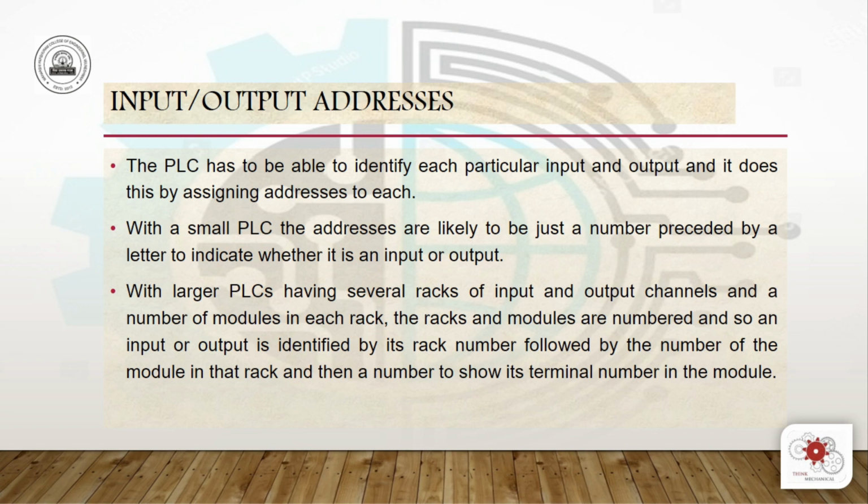After that there will be a number which will show the number of the rack, that is first, second or third, that is stage 1, stage 2, stage 3, etc. Then there will be a following number which will give you the module in that particular rack, and if there is any further classification, then the last digit will follow the terminal number in that particular module.